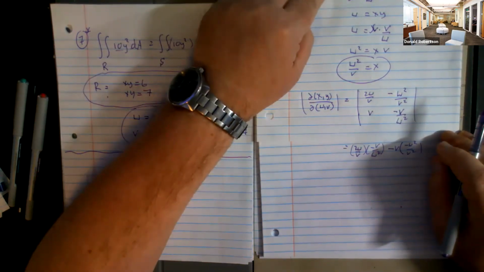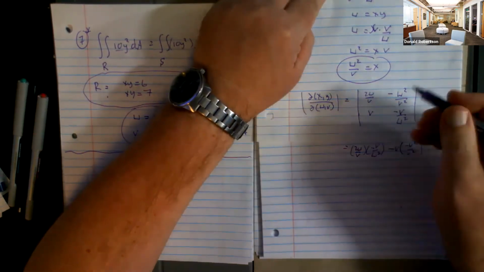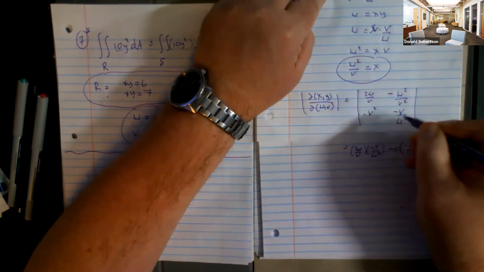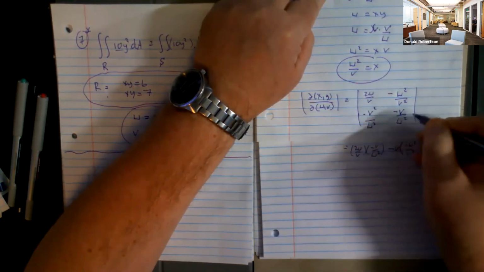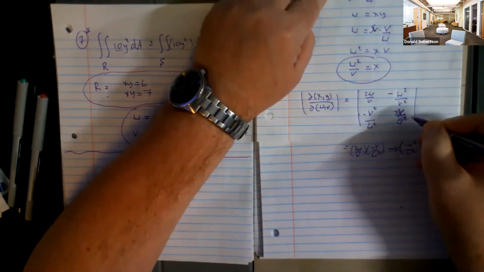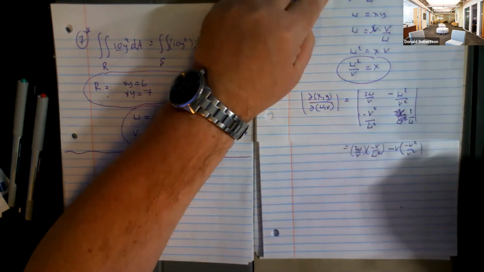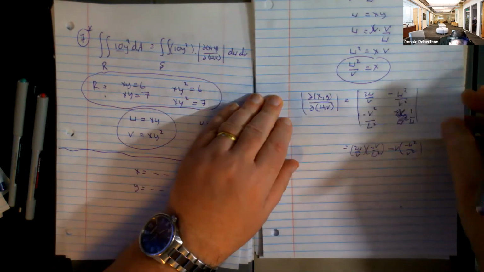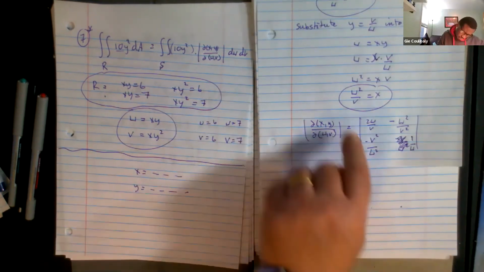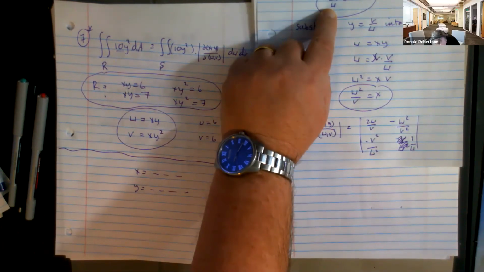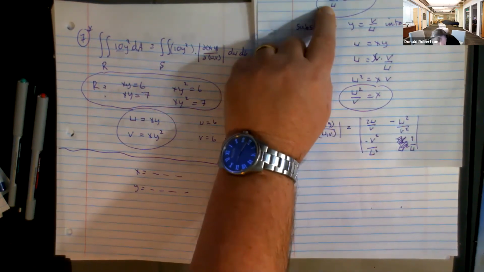Differentiate this with u. You get that? Differentiate this with v. Is that what you're saying? Yes. Check it out. Yes. Differentiate that with u, you get negative v squared over u squared. Differentiate that with v, you get 1 over u.